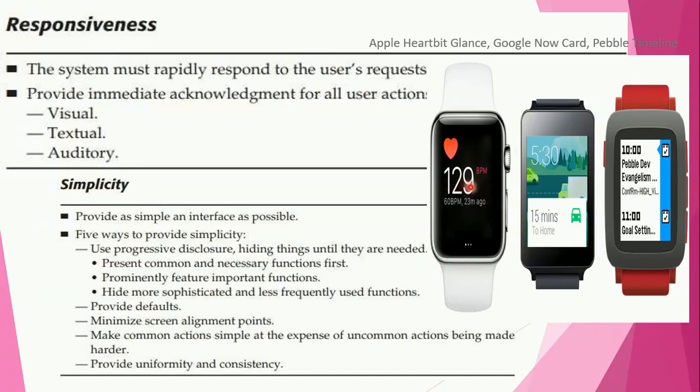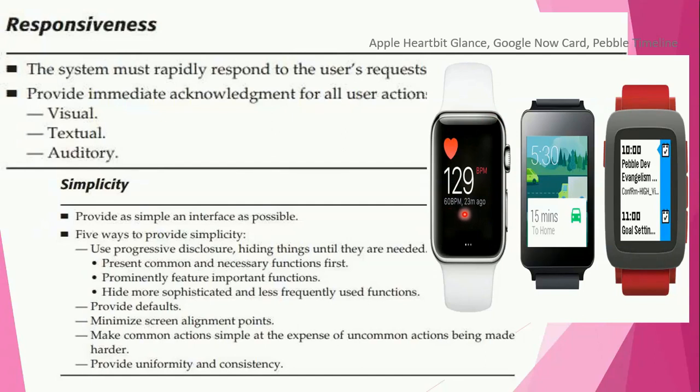And also the blood pressure is showing. The next one is where Google has developed a different kind of user interface, and the Pebble timeline. So this is another kind of user interface you have for the smartwatch. So different kinds you have. But the thing is, the user has to maintain the simplicity so that it will be helpful for the user to use.